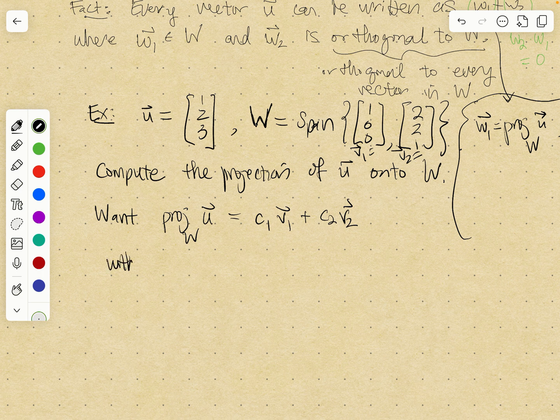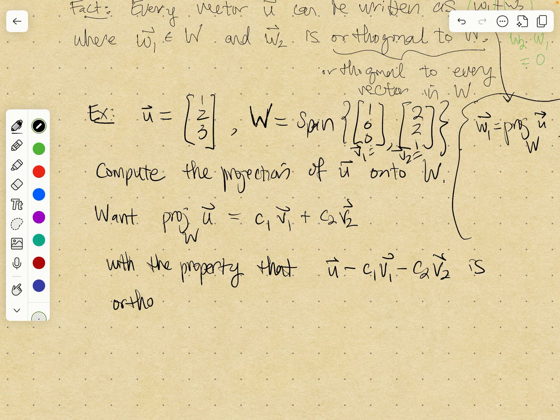With the property that u minus this vector is orthogonal to W. In particular, it's orthogonal to both V1 and V2.